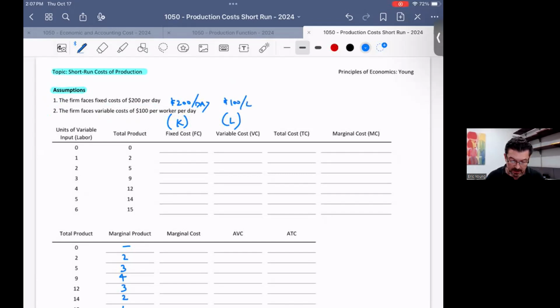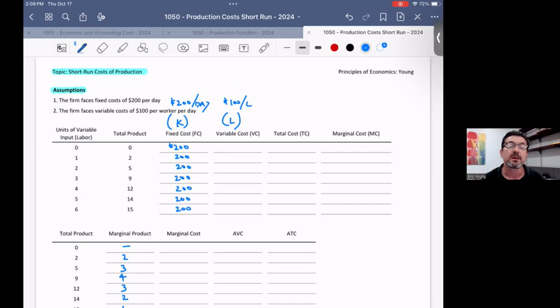With that said, let's populate these two columns right here. Fixed cost is going to be $200. And that's not going to change. It doesn't matter how many pizzas we make. We have to spend $200 for our pizza shop, and that's a fixed cost. So that $200 goes all the way down.